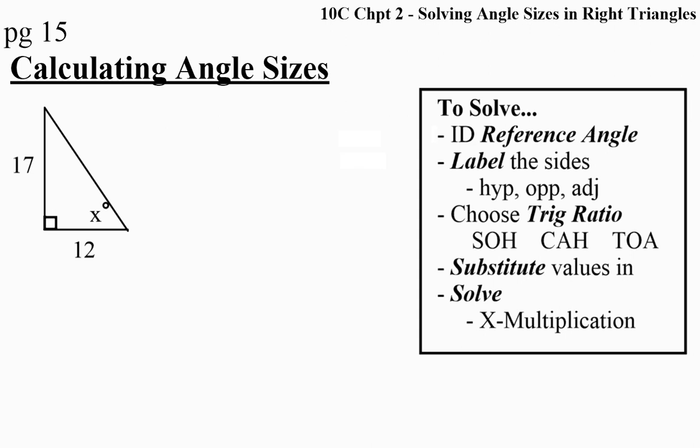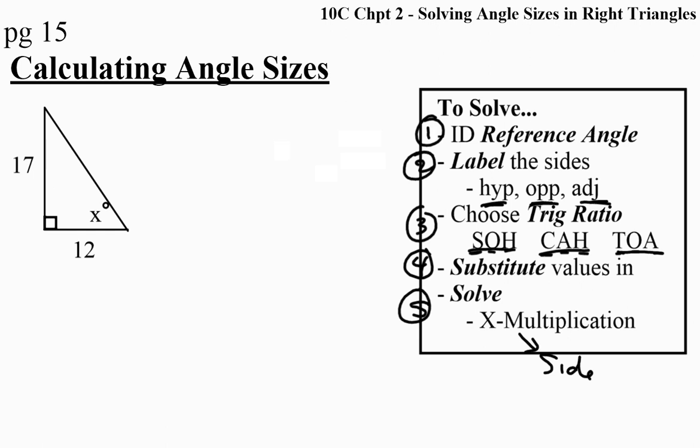What did we do last lesson with calculating side lengths? We identified the reference angle. We labeled the sides, hypotenuse, opposite, adjacent. We chose the trig ratio: sine, opposite over hypotenuse; cosine, adjacent over hypotenuse; tangent, opposite over adjacent. And we chose those based on what information was given to us. We substituted the values into the trig ratio, and then we solved by cross multiplying to find side lengths.